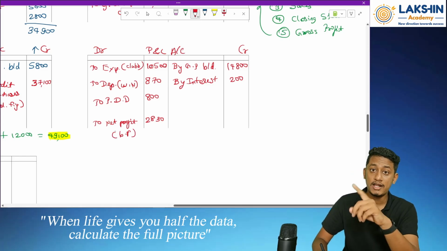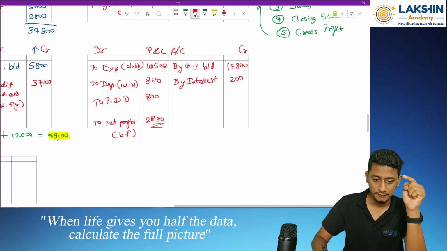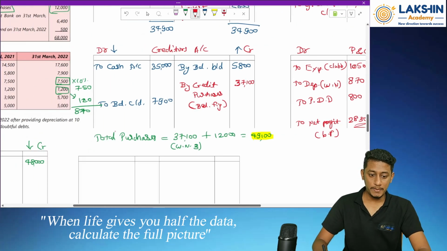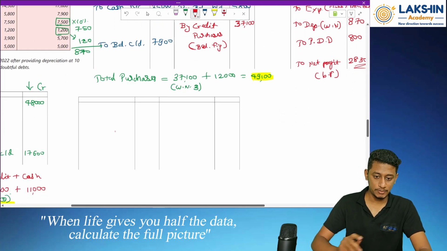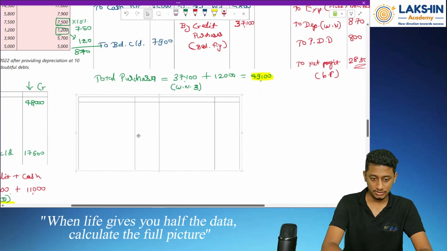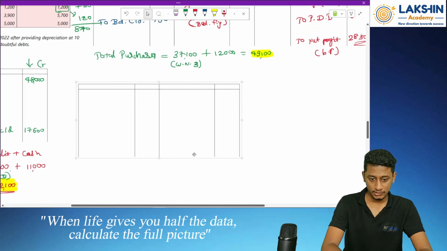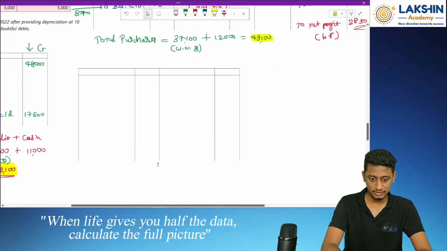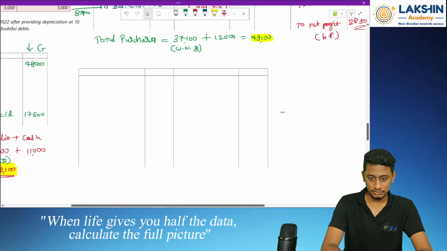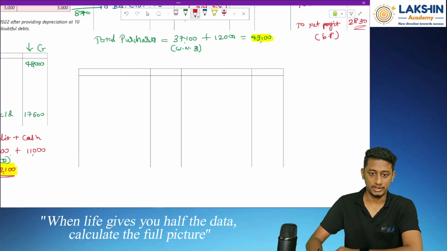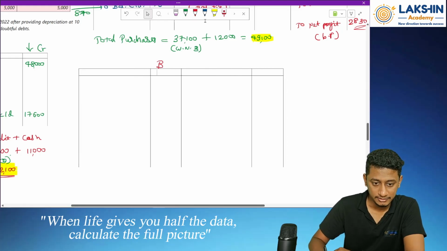This will be carried forward where? To the capital account. Remember this, okay? Fine. So now we need to prepare balance sheet. Yes, we need to prepare a balance sheet. So to prepare a balance sheet, we'll just extend this. Okay. Now let's prepare balance sheet.